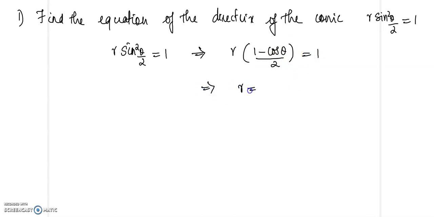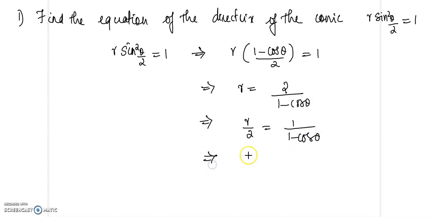So therefore we get r equal to 2 by 1 minus cos theta, or we will get r by 2 equal to 1 by 1 minus cos theta, or we can write it as 2 by r equal to 1 minus cos theta.